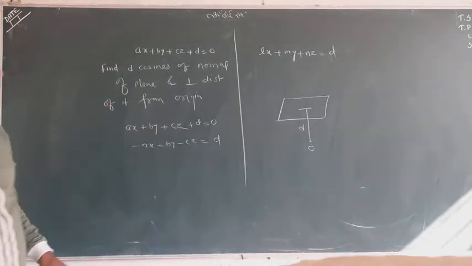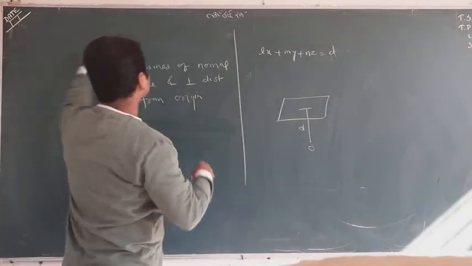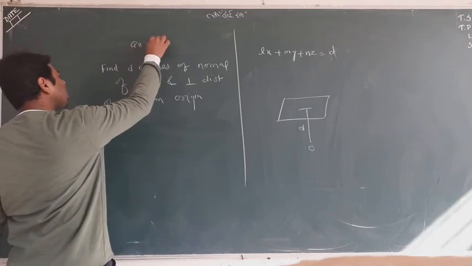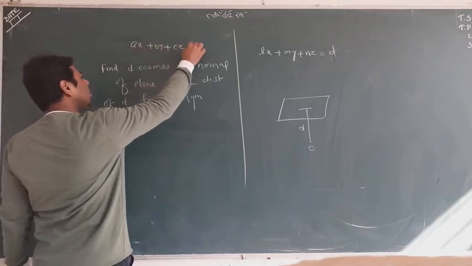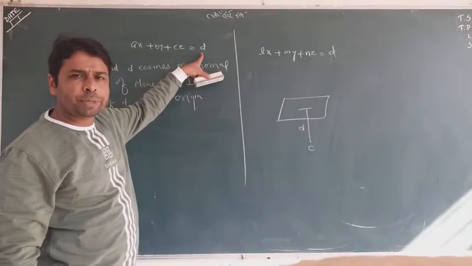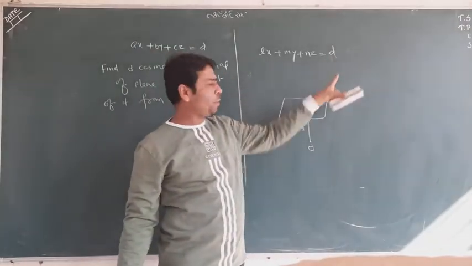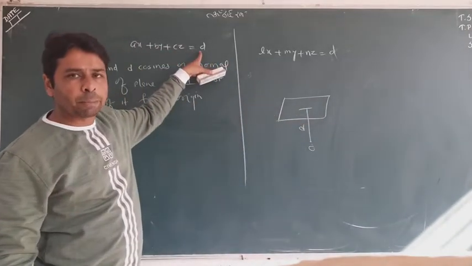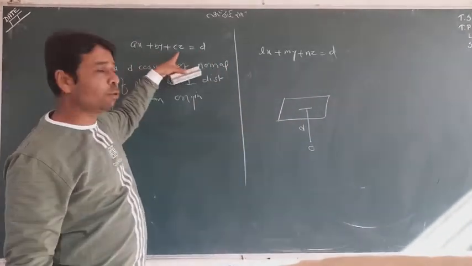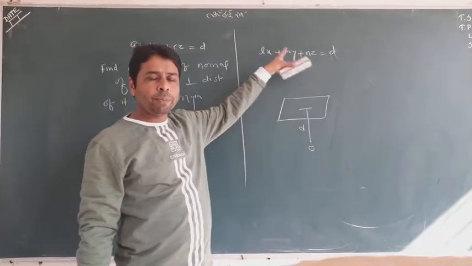For convenience, I write this equation in a good order. Again, this d I am writing here for convenience, but this d and that d are different. That one is a perpendicular distance, but this is a simple number, because a, b, c are elements. So this is the general form.